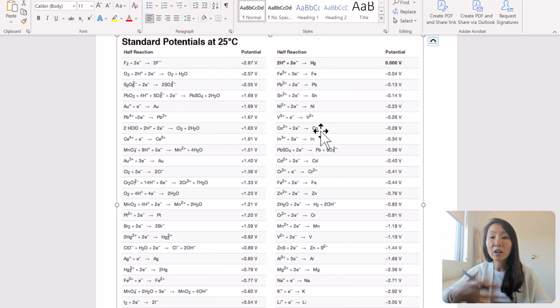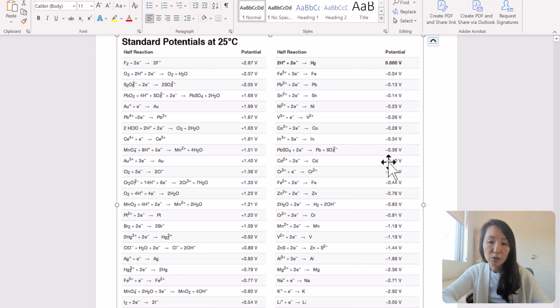In our scenario, it's going through oxidation, where electrons are taken out of the solid cobalt. So instead of taking negative 0.28, we switch it to positive 0.28. Whereas for iron, if you look down here, this is a reduction process, as in our scenario, and it's negative 0.44 volts.